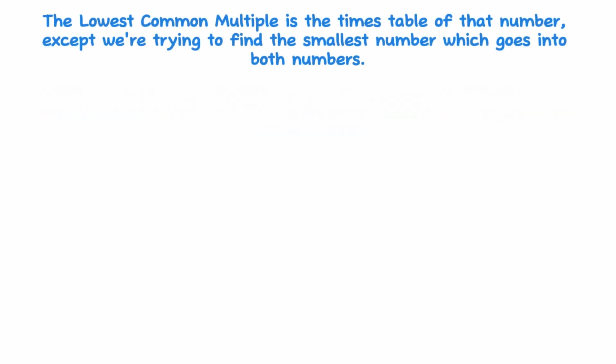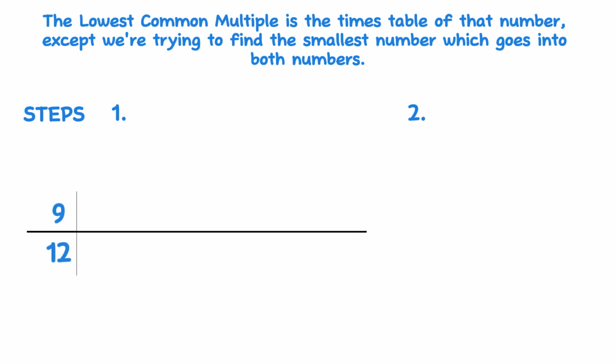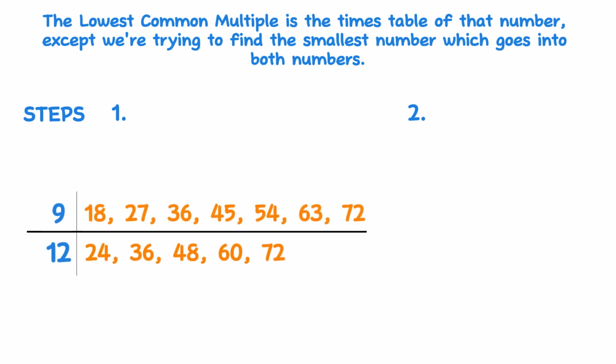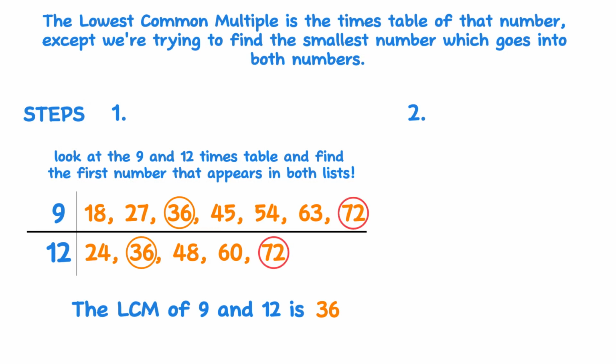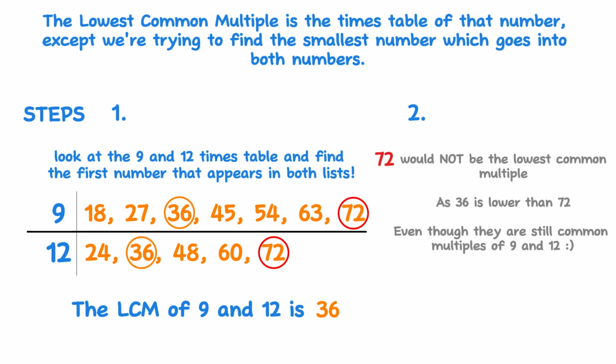For example, if we wanted to find the lowest common multiple of 9 and 12, we'd have to list our 9 and 12 times table, and then look at both lists and find the first number that occurs in both 9 and 12, which is 36 here. However, we also have 72 here, which also occurs, and this would not work as 72 is bigger than 36, so it would not be classed as the lowest common multiple.